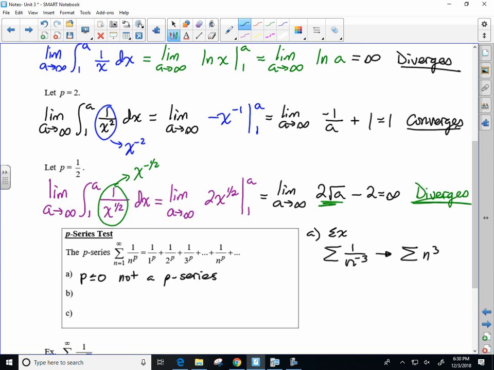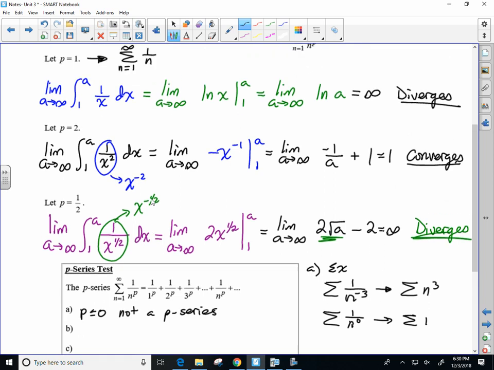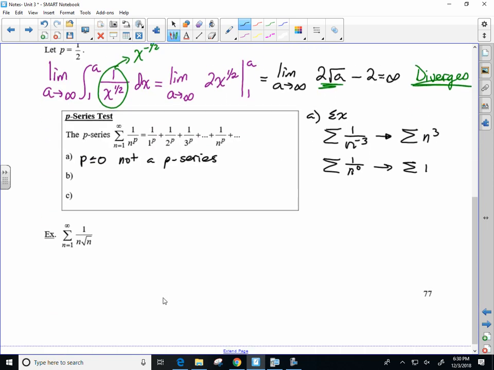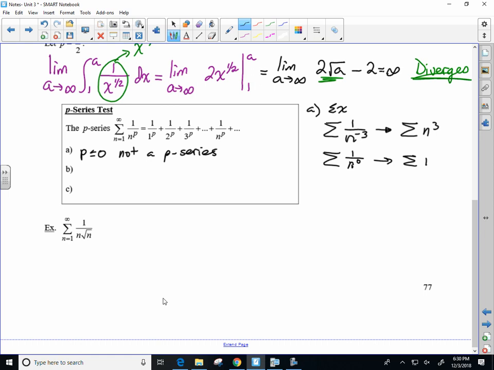And if I had the sum of 1 over n to the 0th power, well, that's just 1 over 1. That's just 1. So if you manipulate them at all, you'd see that they don't follow the correct format of 1 over n to the p power. So it has to be a positive value of p.